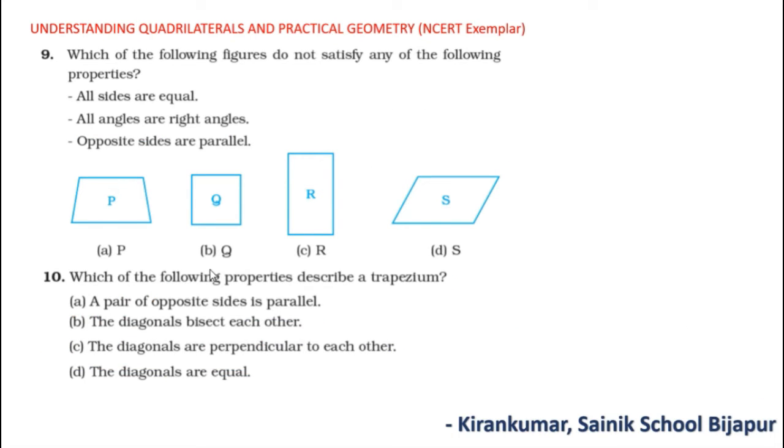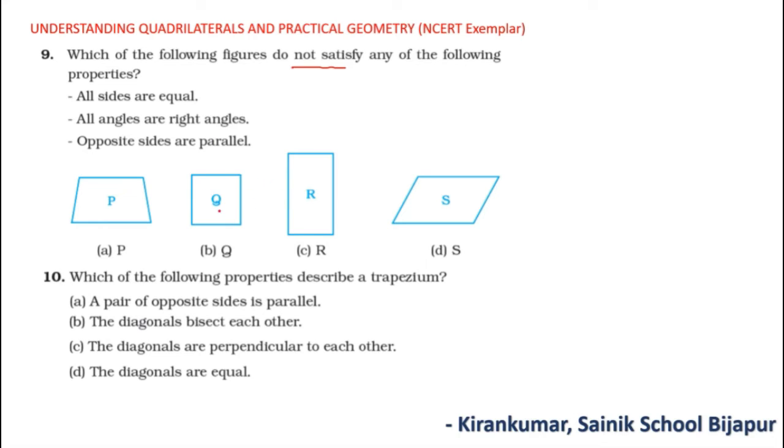Question 9. Which of the following figures do not satisfy any of the following properties? It's very important. All sides are equal, all angles are right angles, opposite sides are parallel.